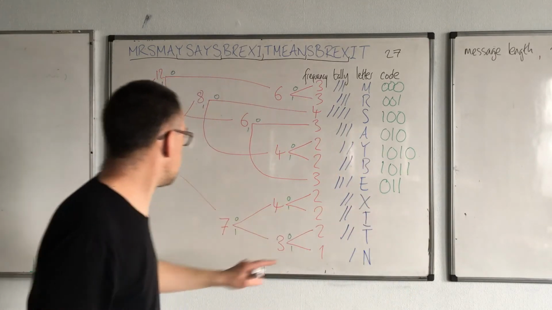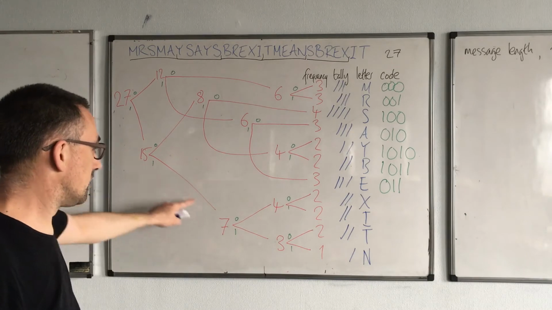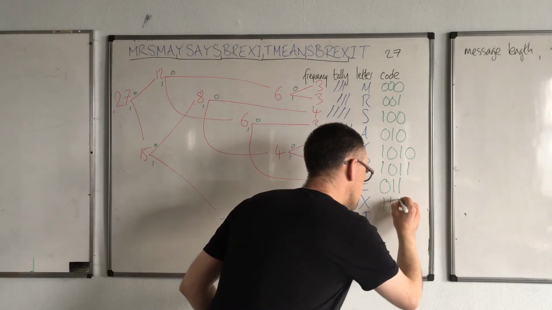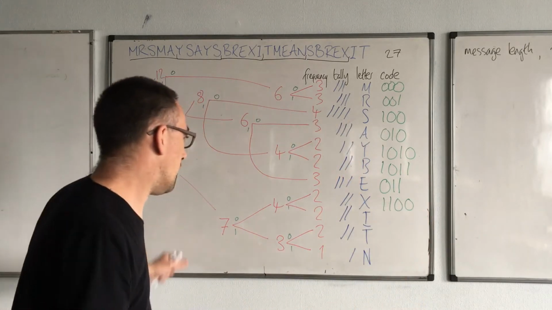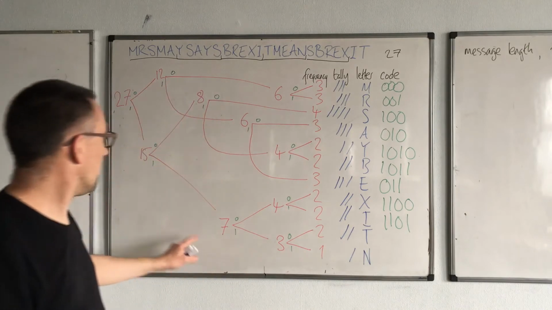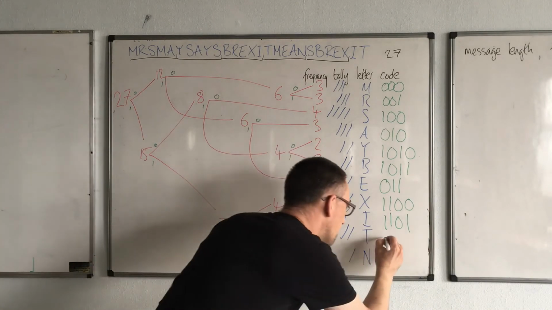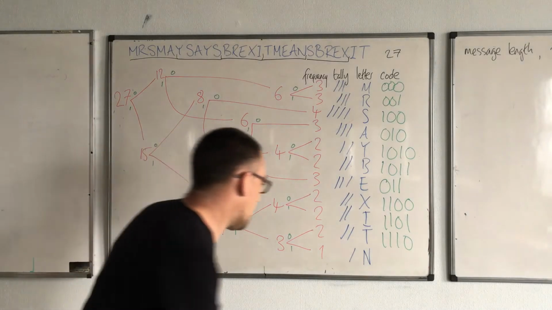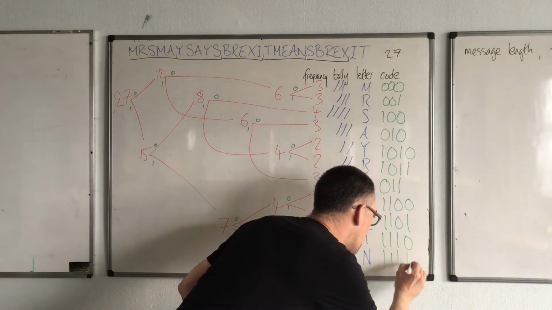The code for X is 1, 1, 0, 0. And for I, we have 1, 1, 0, 1. For T, we have 1, 1, 1, 0. And for N, we have 1, 1, 1, 1.